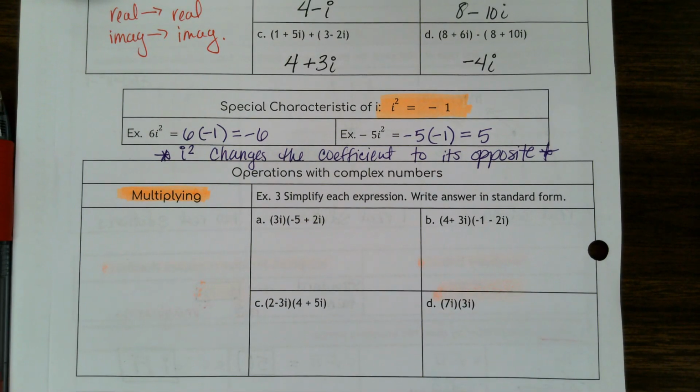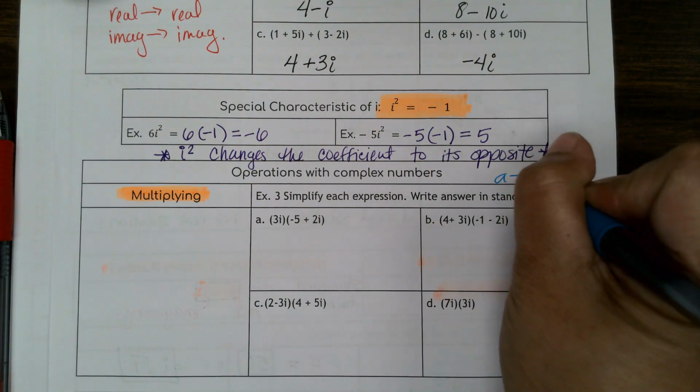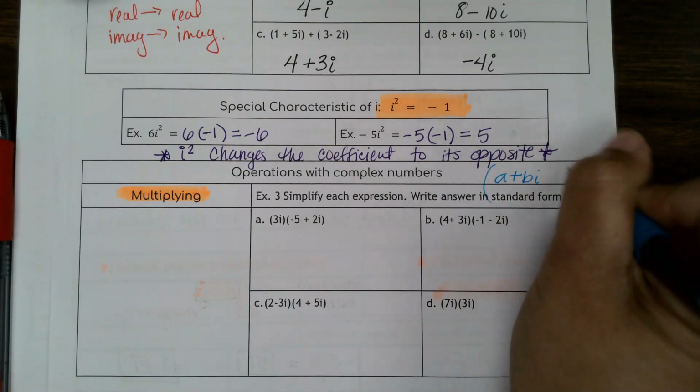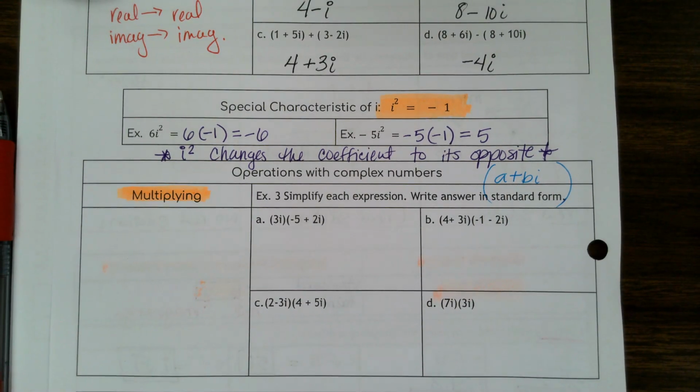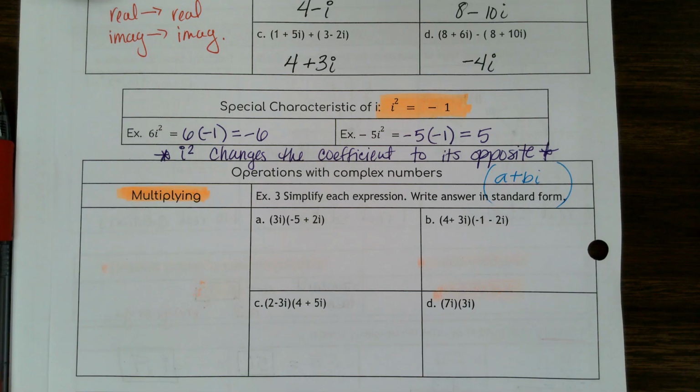It doesn't say to multiply or divide, so it's up to you. And again, it wants you to put it in standard form. Okay? So write this down, pause the video, watch the Edpuzzle, and then practice again.